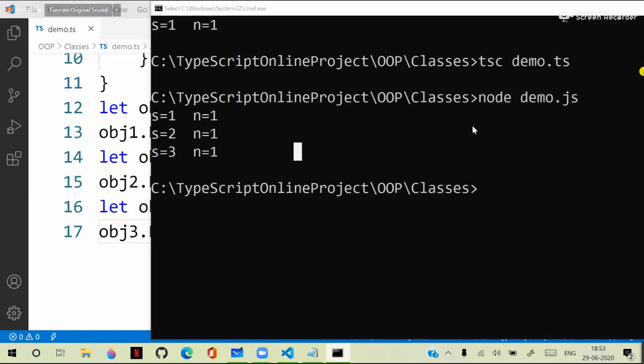Understood? Technically, what is static and what is non-static? What did you understand by this?